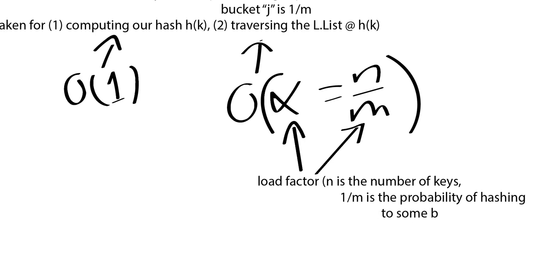And so if we multiply the two together, we get n over m.